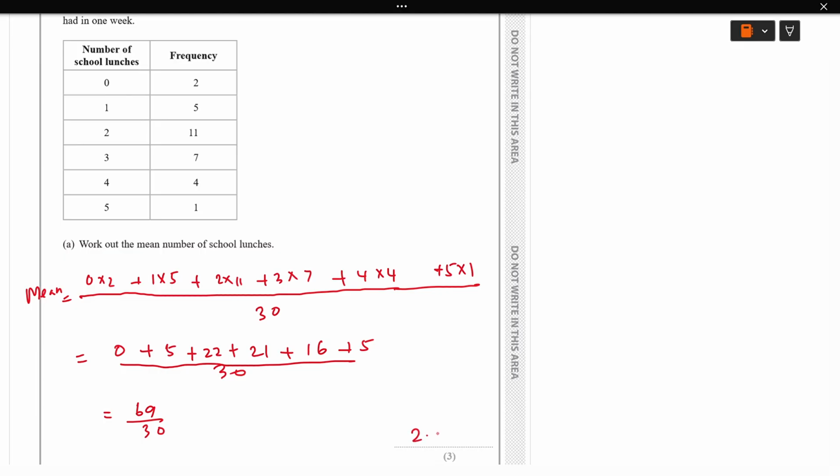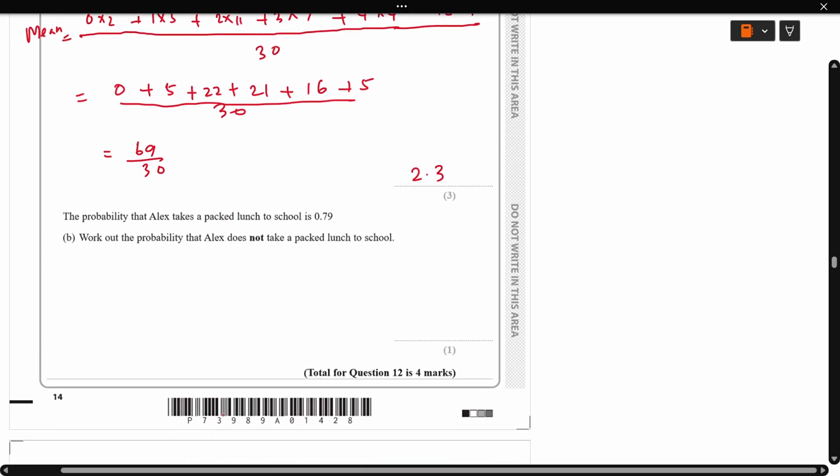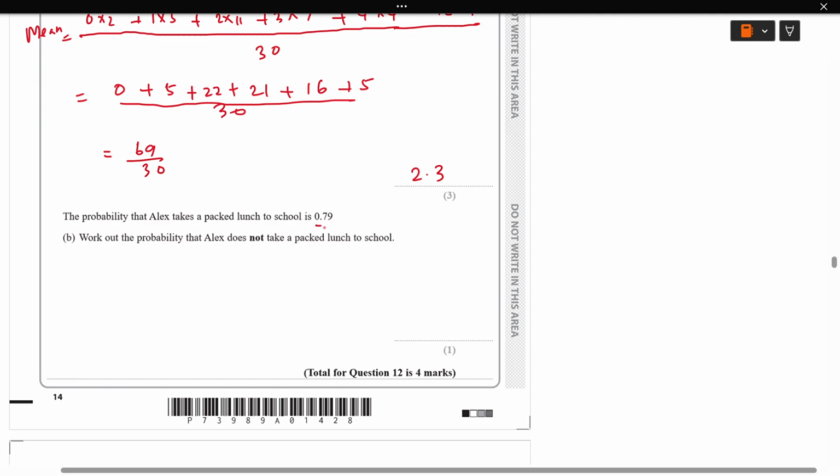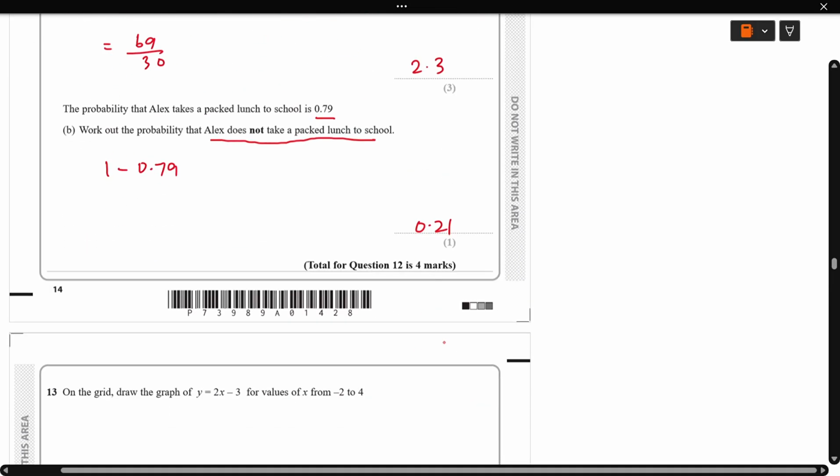So the answer is 2.3. Next, the probability that Alex takes a packed lunch to school is 0.79. Work out the probability that Alex does not take a packed lunch to school. So that is 1 minus 0.79, because the maximum probability is 1. So our answer is 0.21.